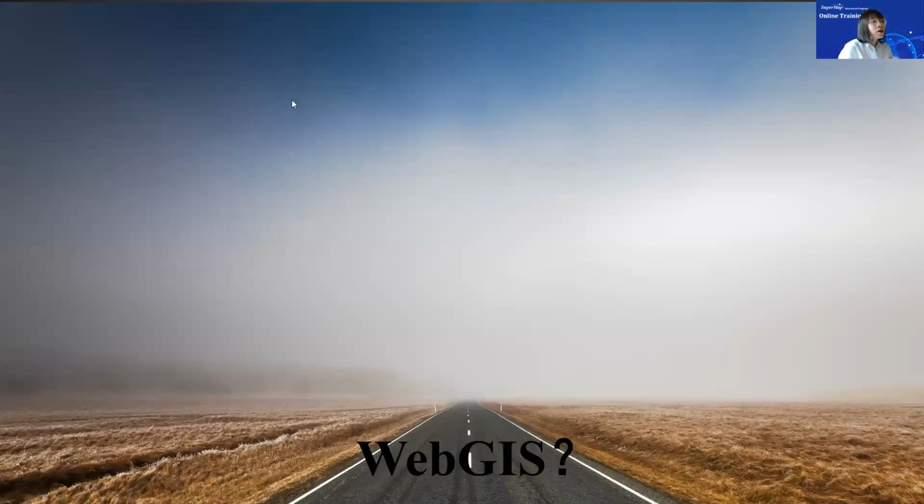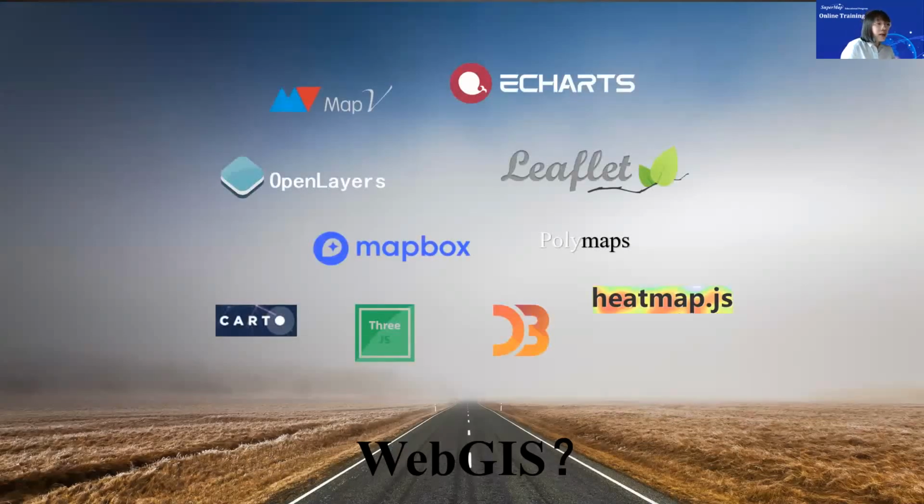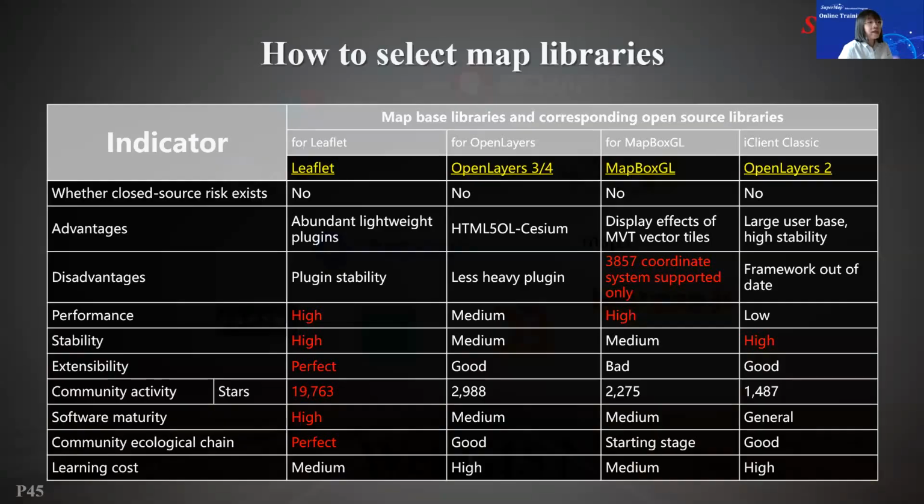So what is WebGIS? We can make use of these libraries to make a web project to show all the geospatial data on the server side, do the spatial analysis on the server side, and have a lot of interactivity.